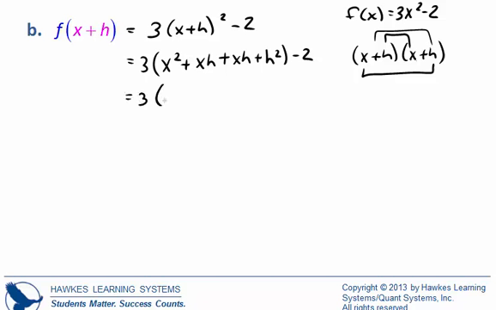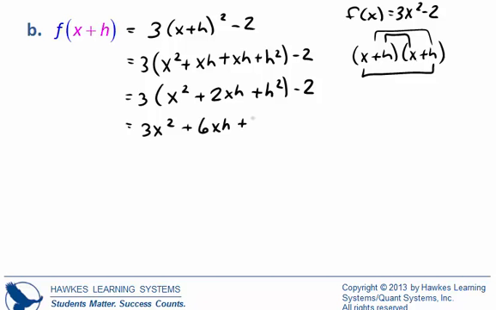So we'll have the 3 times the quantity x squared plus, we now have 2xh, plus h squared, minus 2. We will distribute that 3, making it 3x squared plus 6xh plus 3h squared, and then minus 2.